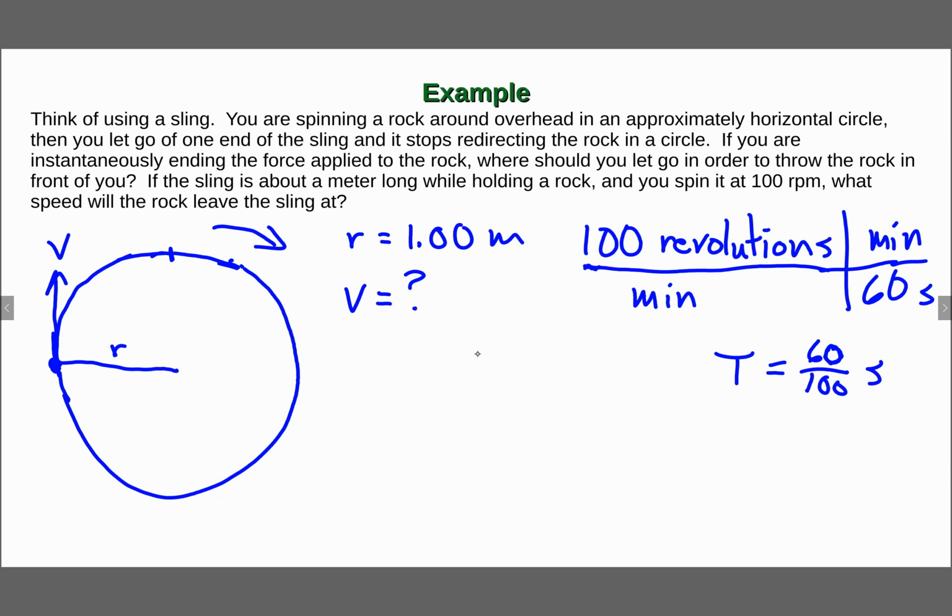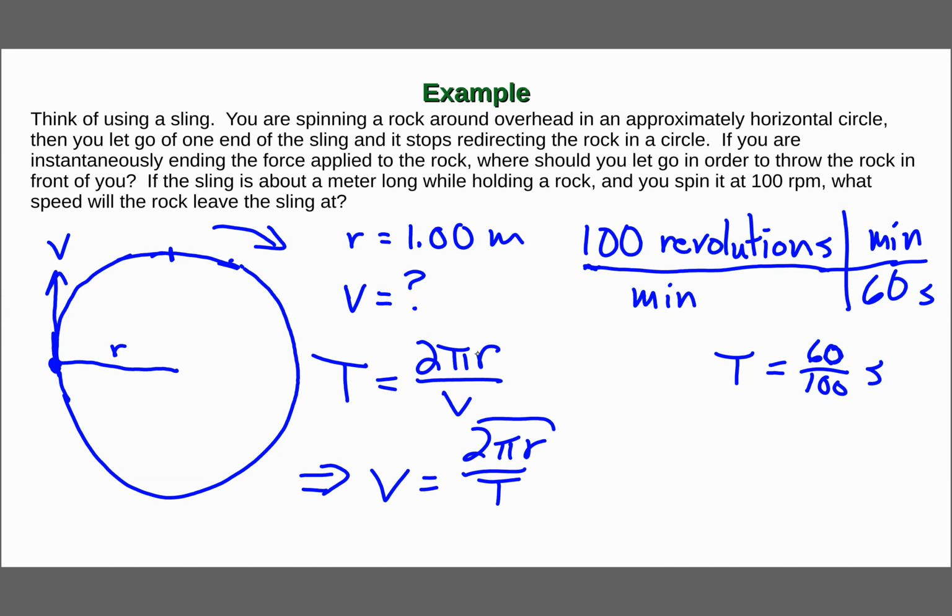So this is our T. And we know that T equals 2 pi r over v. And so then v equals 2 pi r over T. And then units, again, really simple, right? We have meters on the top, we have seconds on the bottom, that's a velocity.